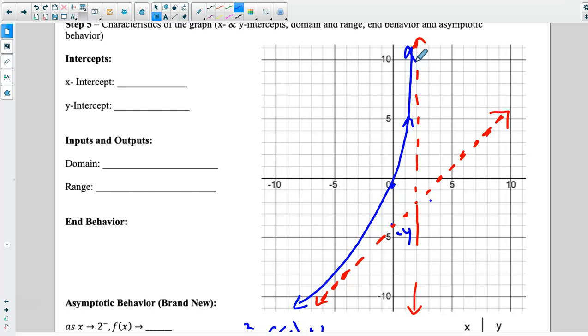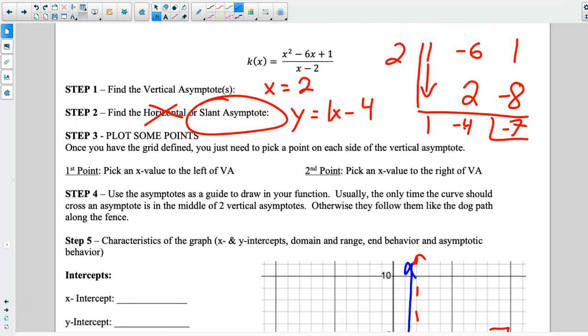Alright, somebody throw a number out there. 5. I got 41 over -6. Is that what y'all got? I'm not sure. Alright. See, I'm not the only one that's silly.